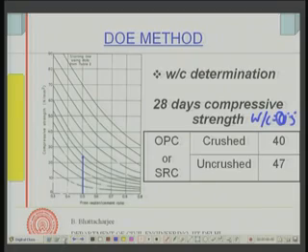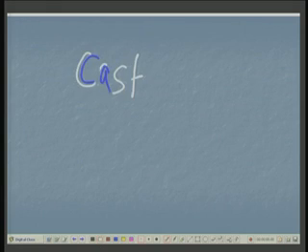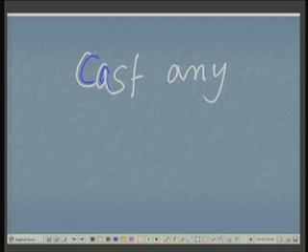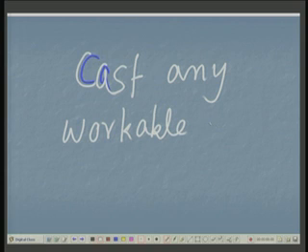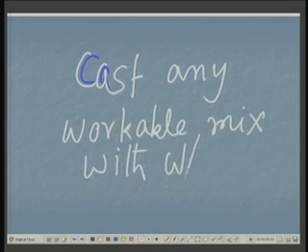Any workable mix, it should be flowable, you should just be able to compact it, with water to cement ratio equal to 0.5. Get the results, maybe the 28 days results, well, you have to wait, but that is okay if you are waiting.